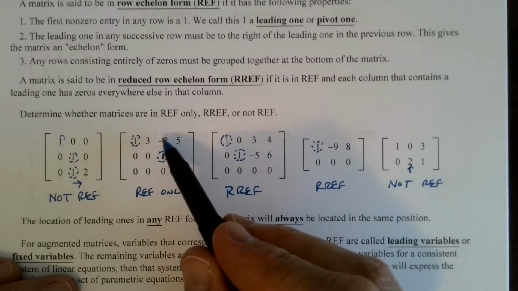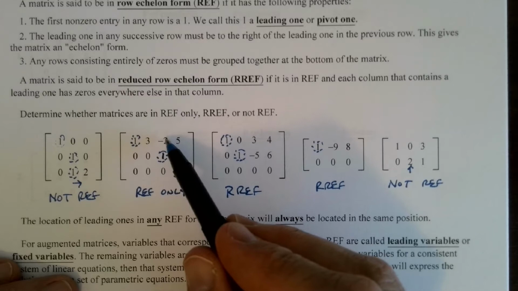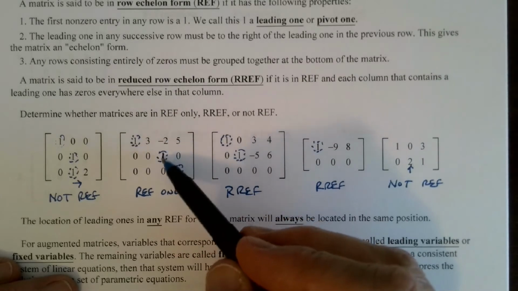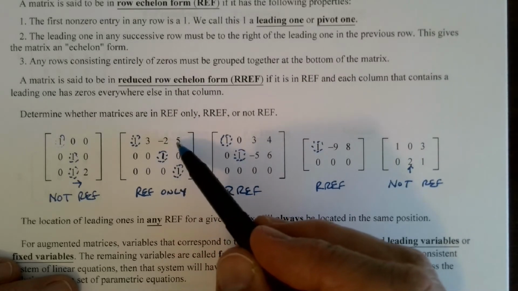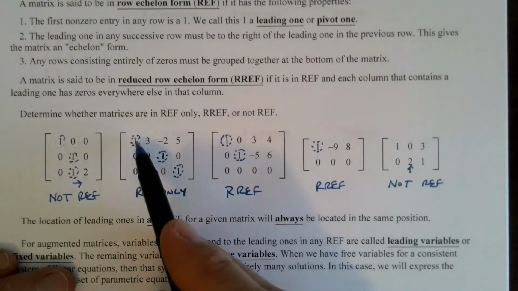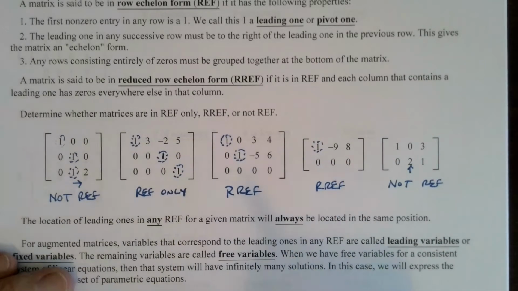This would become 0 here. 5 plus 0 is 0. The only thing that would be different is this -2 would become a 0. Well, that matrix is still in row echelon form. Still not reduced. We do have a 0 above this leading one. We don't have all zeros above this leading one. But again, it's a row echelon form. But the key is these leading ones remain in those locations.